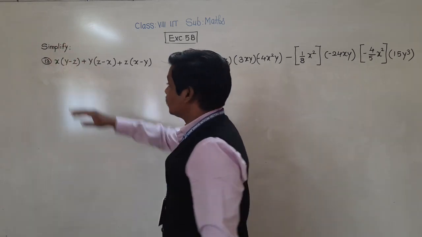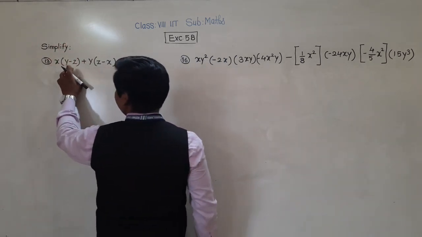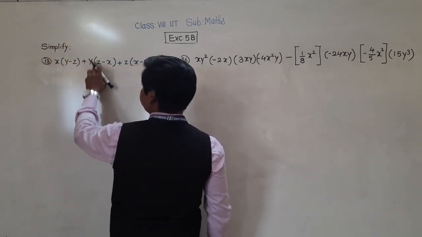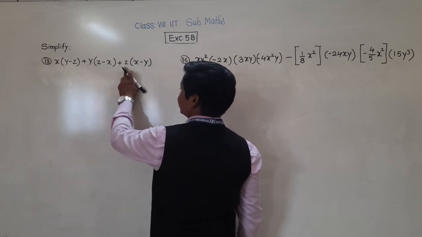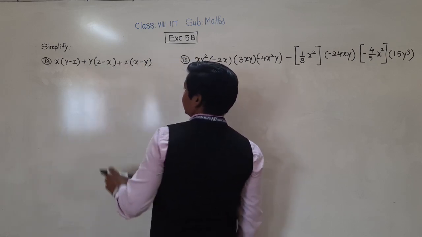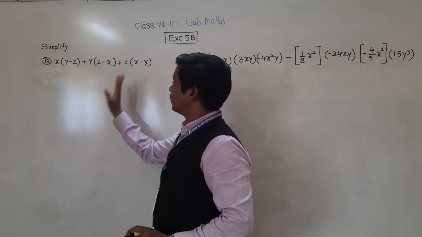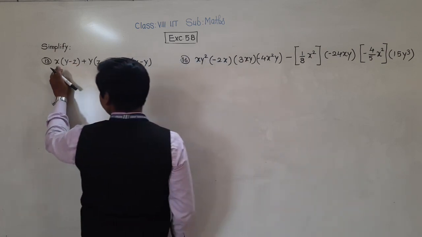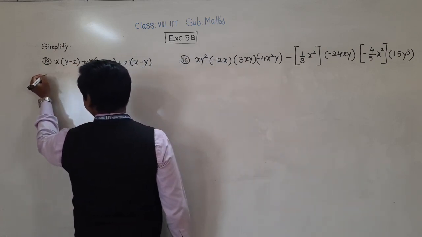Simplify: x in bracket y minus z plus y in bracket z minus x plus z in bracket x minus y. Okay, so in these polynomials you have to multiply the monomials which are outside the bracket.